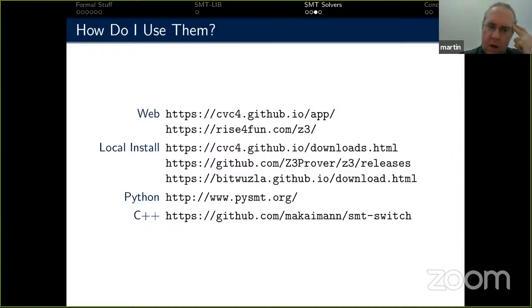But increasingly, people are also saying, okay, well, we don't just want to use the text, and so there are two kinds of integration that are getting popular. Either via Python, and there's a library called PySMT. Most solvers have their own kind of API as well, but the advantage of PySMT is that you can keep the API the same but switch which solver you're using.